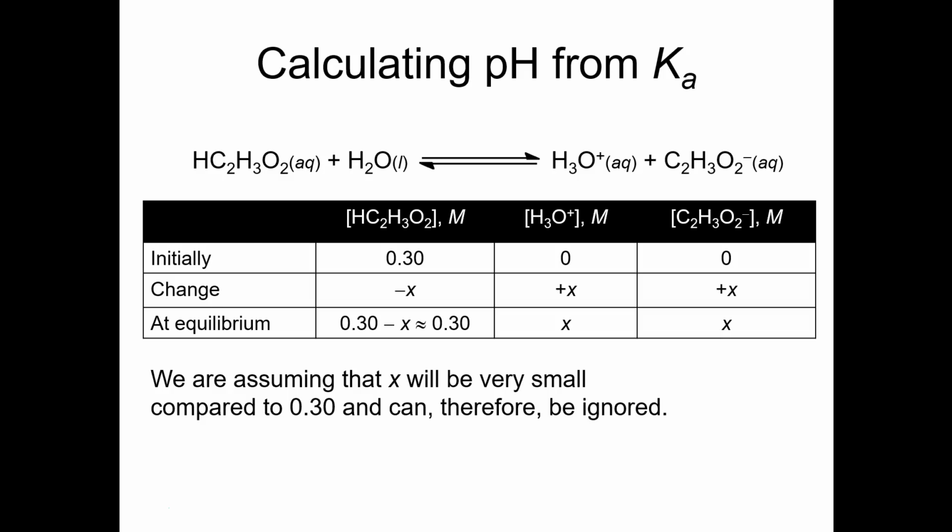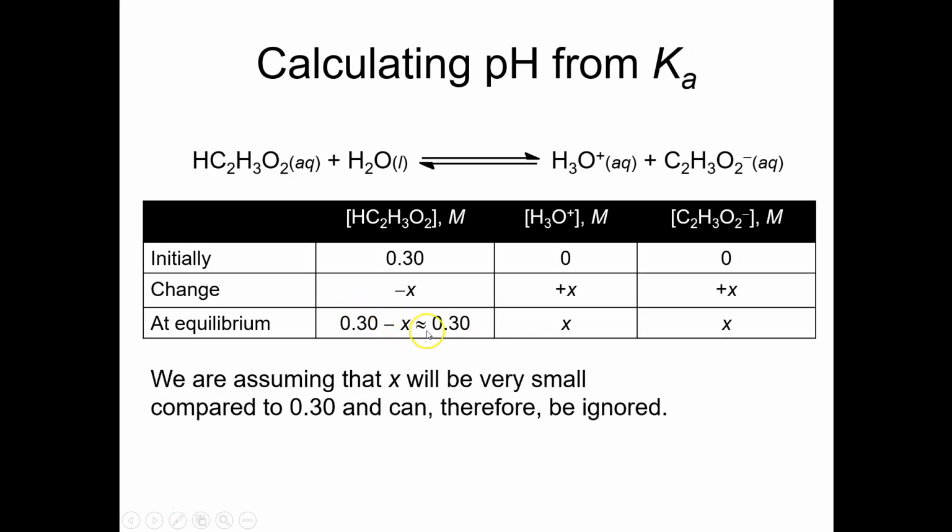If you go back to the calculations we were doing, if you know initial concentrations and you know the value of Ka, you could calculate the final concentrations and therefore the pH.